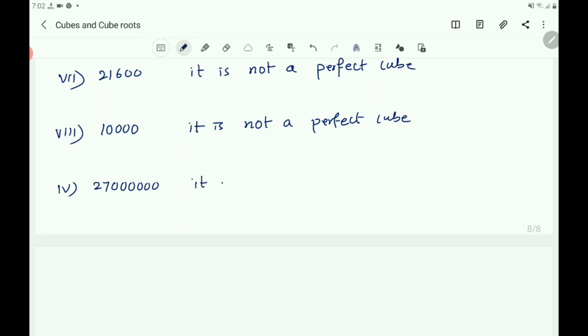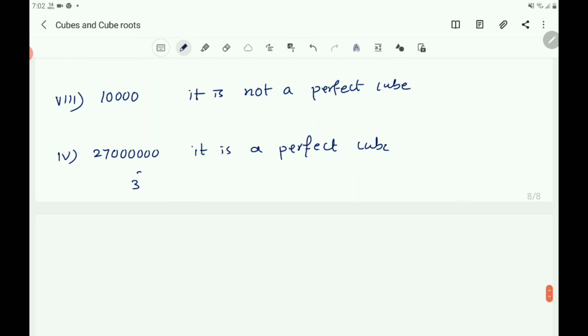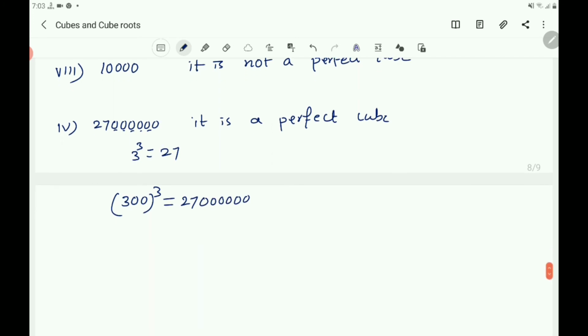Because 3 cube equals 27, then here 1, 2, 3, 4, 5, 6 zeros. So it is a cube of 300. Here 1 by 3 times that you have to take. 6 divided by 3 means 2 zeros you will get. So 300 cube equals 27 lakh. It is a perfect cube.